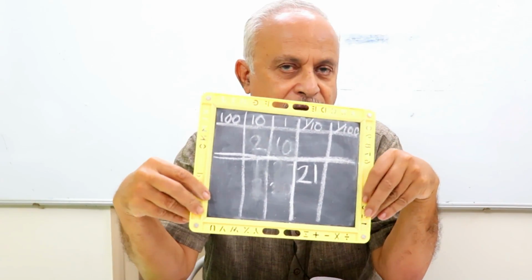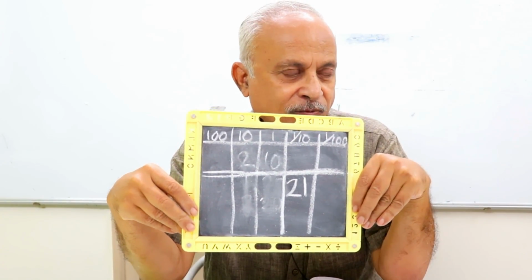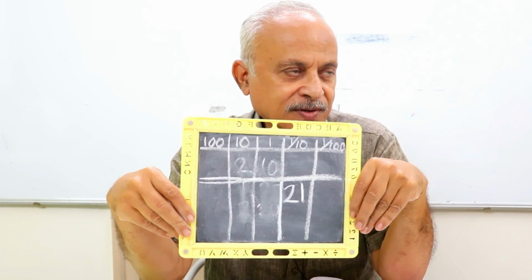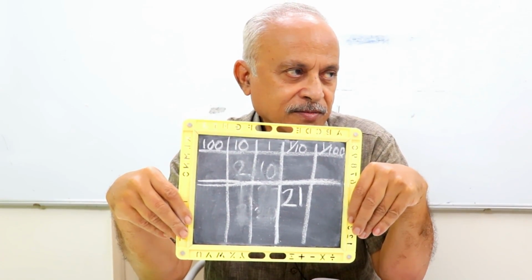And you have to write this number without writing the names of the houses. You can use a decimal point if you want.